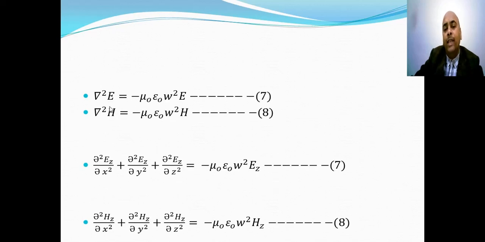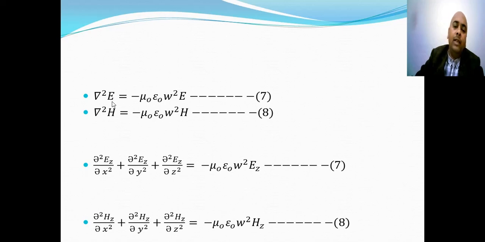And for free space we have these equations of wave propagation, that del square E is equal to minus mu naught epsilon naught omega square into E, and del square H is equal to minus mu naught epsilon naught omega square into H, and this equation has been derived in lecture 27.